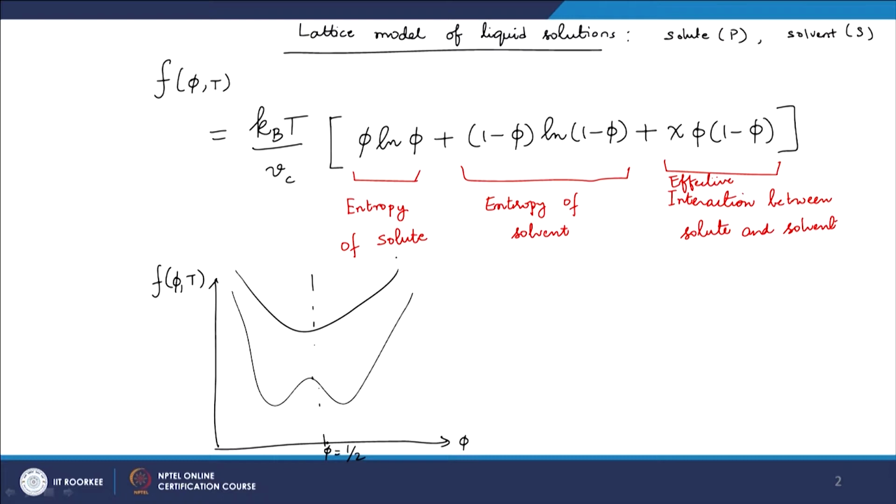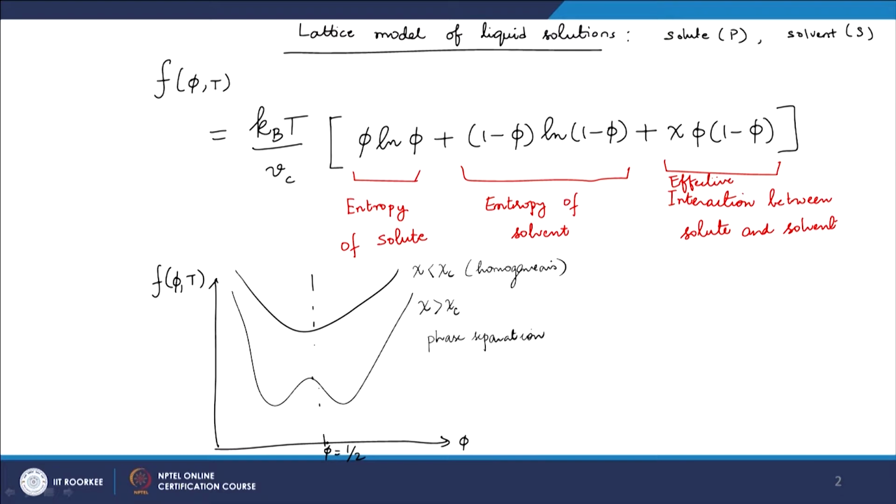In terms of chi, if chi is higher than chi c, some critical value, we will have phase separation, and when chi is less than the critical value, we will have a homogeneous system.